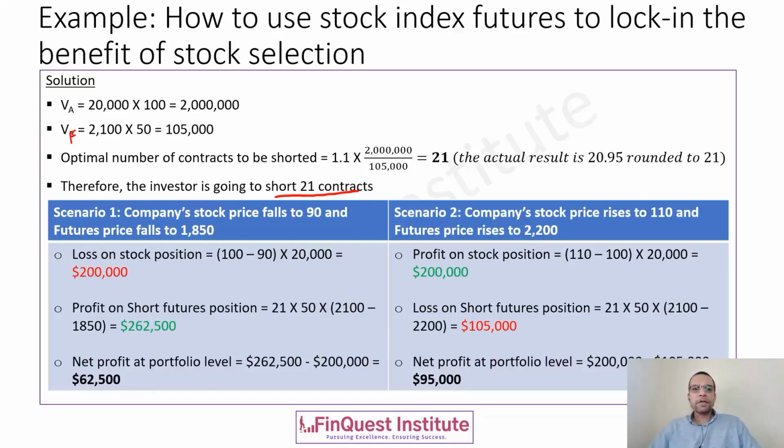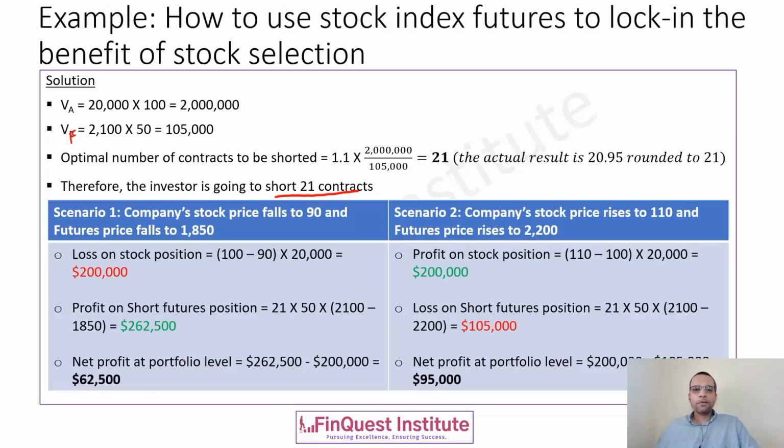However, because there is a drop in the stock price and the corresponding futures price has also dropped, there is a profit earned on the short futures position, and that is 2100, which was the original price of the August futures, minus 1850, into 21, which is the number of contracts shorted, into 50, the standard multiple, which gives a positive 262,500.